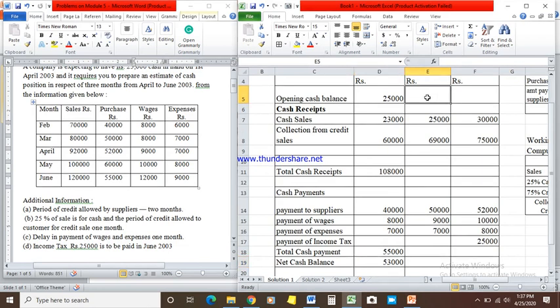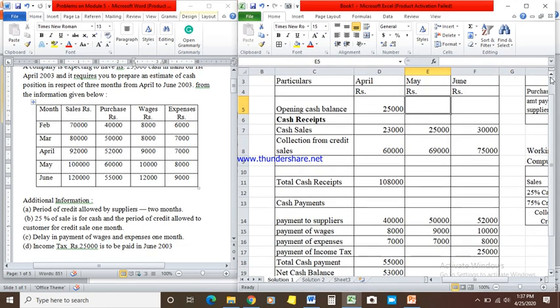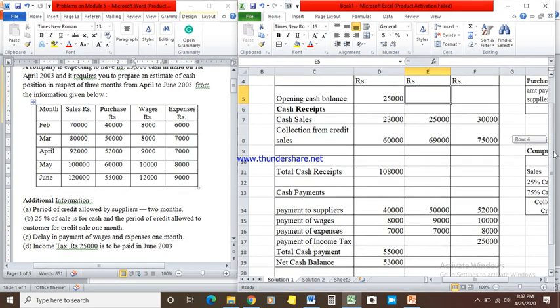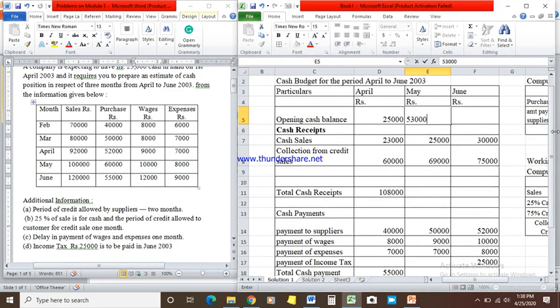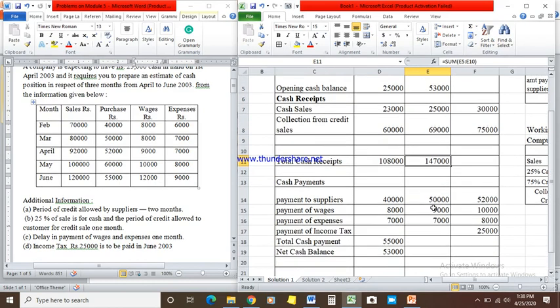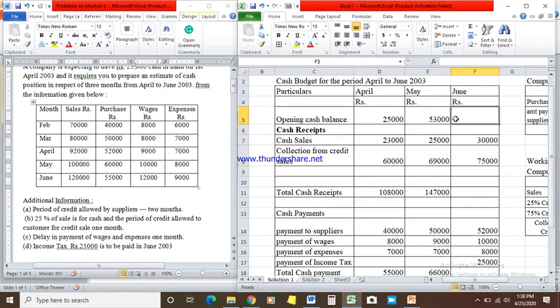This 53,000 becomes the opening balance for the next month. So I'll write here opening cash balance for the next month, that is May, amounting to 53,000. Now again I am going to close this total. I get 1,47,000. Again we take the total payment, 66,000. Again we take the difference between total receipts and total cash payment, 81,000. Now this 81,000 becomes the opening balance in the next month.